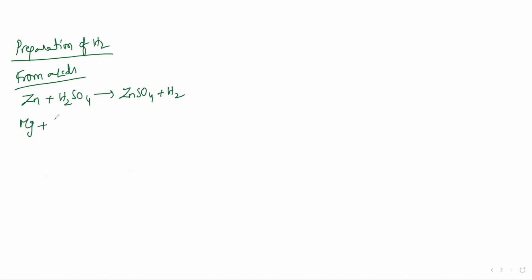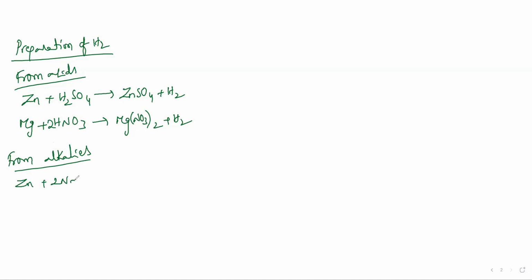Magnesium treated with nitric acid gives magnesium nitrate plus hydrogen gas. So from acids we can prepare. Similarly, from alkalis, bases: zinc plus 2NaOH gives rise to Na2ZnO2 plus hydrogen gas. This is what we call sodium zincate.